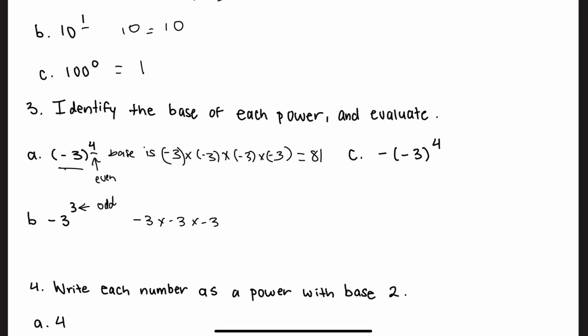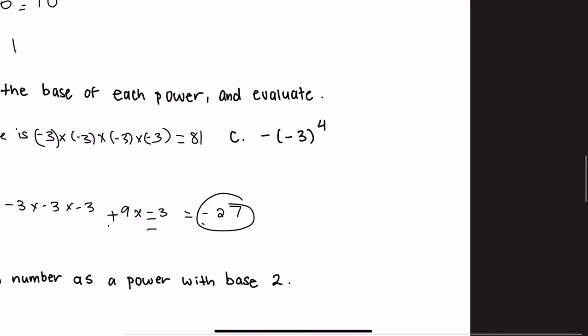So minus 3 times minus 3, that gives us 9, right? Then 9 times minus 3, the plus and the minus is going to be a minus, right? So it's going to be minus 27, because the power here was odd, and we have this minus sign, which makes it minus 27.